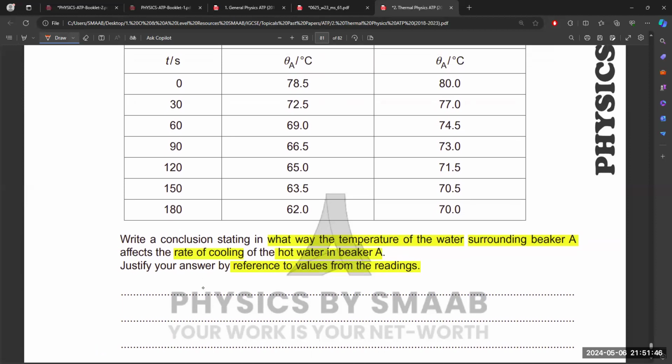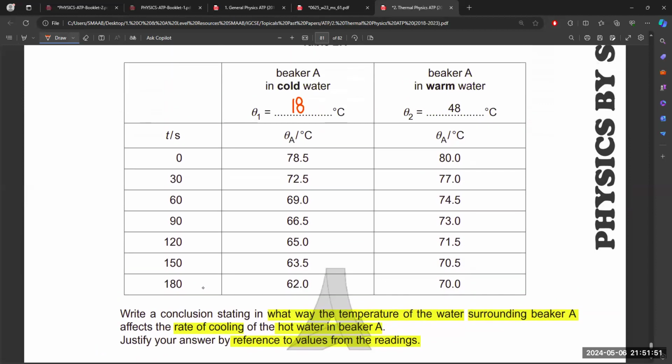And from the values, you can see initially we have beaker A that is filled with cold water. These are the temperatures. And when you fill warm water in beaker B, these are the readings. So according to the readings, you have to state your answer, what you think about the observations taken from this table.